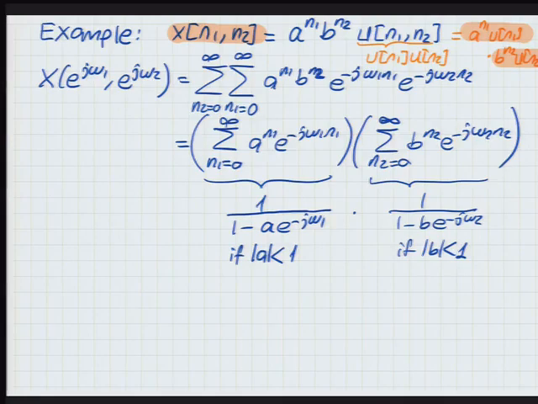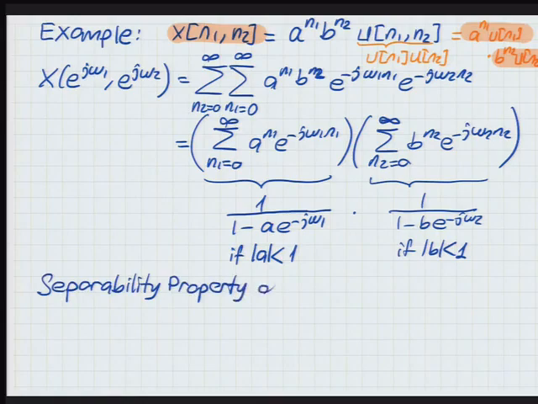So that is the so-called separability property of the 2D, either CTFT or DTFT, doesn't matter. But I'm going to write it as a property of DTFT, but keep in mind the same thing is true for CTFT as well.